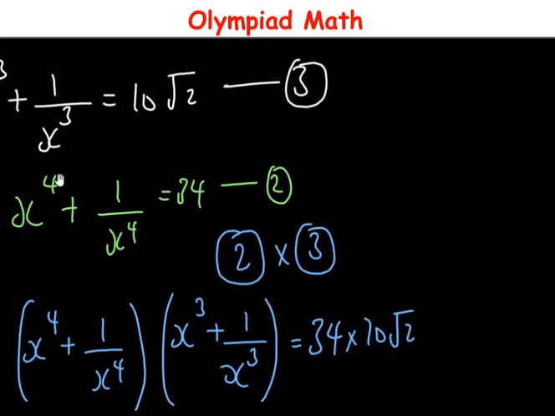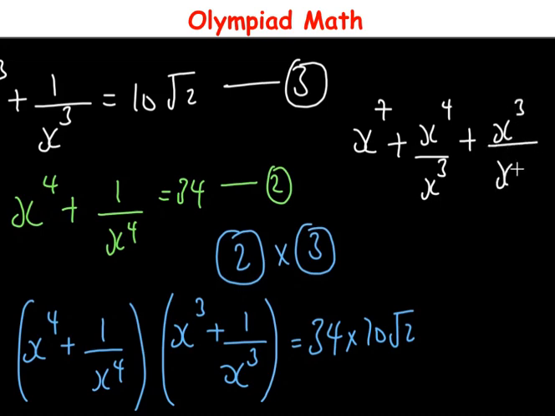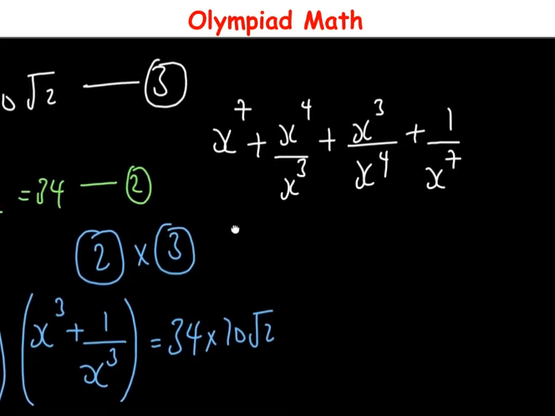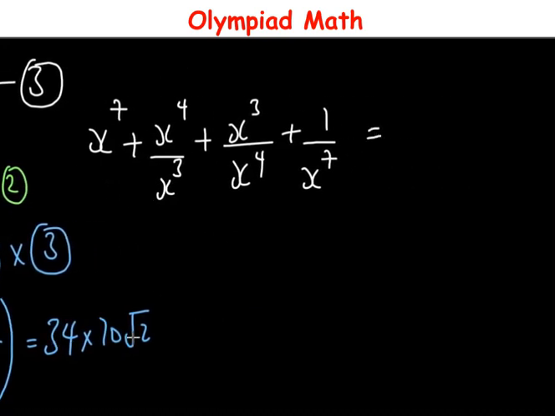Now, from here, if we multiply this out, x power of 4 times x power of 3 equals x raised to power 7, then x power of 4 times 1 over x power of 3 equals x raised to power 4 over x raised to power 3, and also 1 over x power of 4 times x raised to power 3 equals x raised to power 3 over x raised to power 4, and then 1 over x raised to power 4 times 1 over x cubed is 1 over x raised to power 7, and this is equal to 34 times 10, which is simply 340, times root 2.